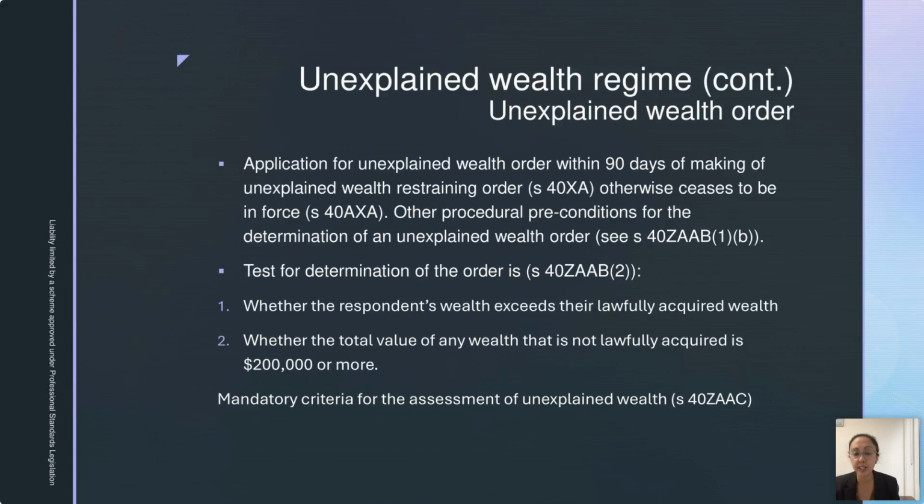And the test for the determination of the unexplained wealth order is whether the respondent's wealth exceeds their lawfully acquired wealth and whether the total value of any wealth that is not lawfully acquired is $200,000 or more. Then there is the mandatory criteria that I've referred to earlier for the assessment of unexplained wealth.